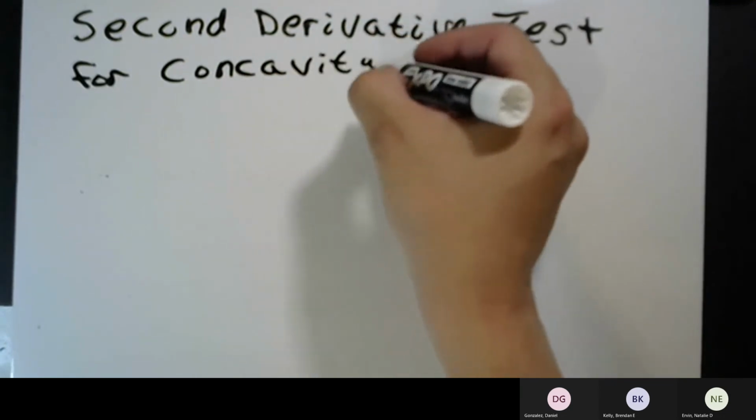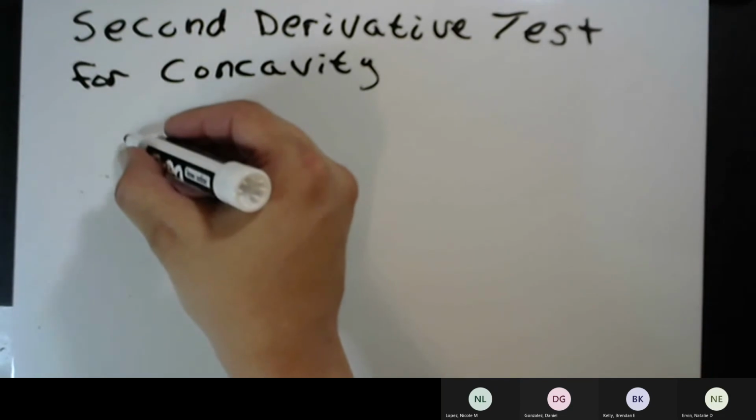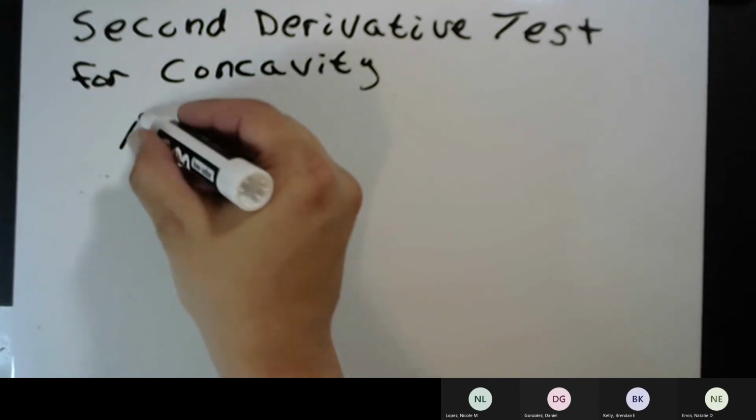Now you might be thinking on this, if we're looking at concavity, it's kind of giving a hint about maximums and minimums. But this is what we're going to do to help identify the kinds of concavity.